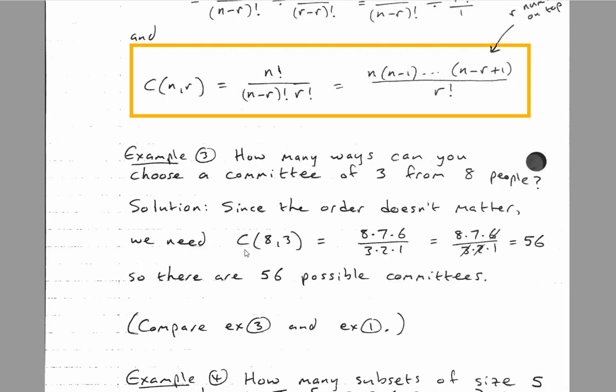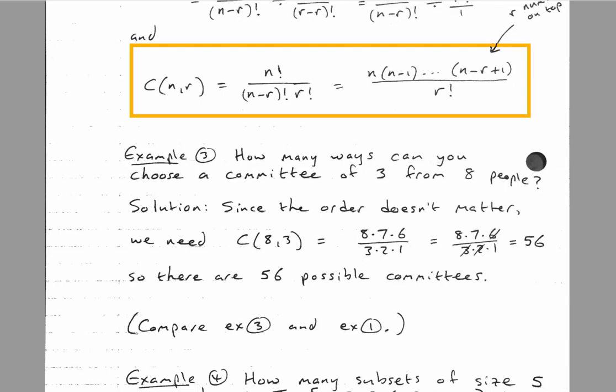So we need C(8, 3), the number of 3 combinations from 8 objects. Okay, so on the top we need 8 times 7 times 6, so 3 numbers starting with 8. And on the bottom it's 3 factorial, so 3 times 2 times 1. The best way to do this is don't multiply out the top and the bottom.